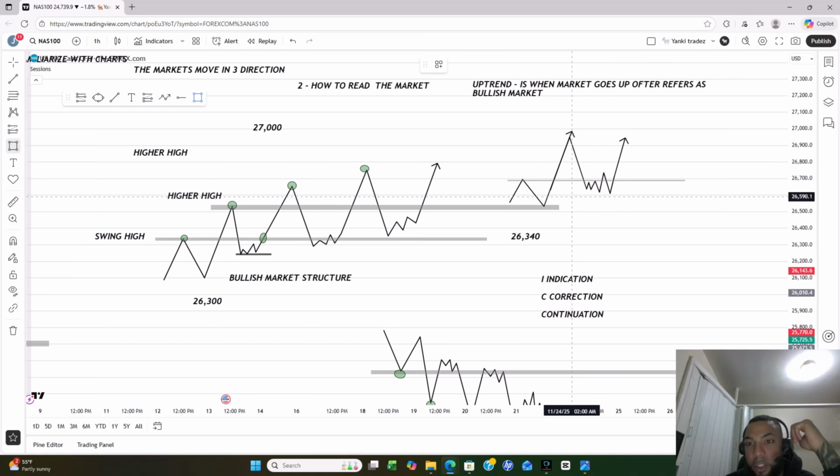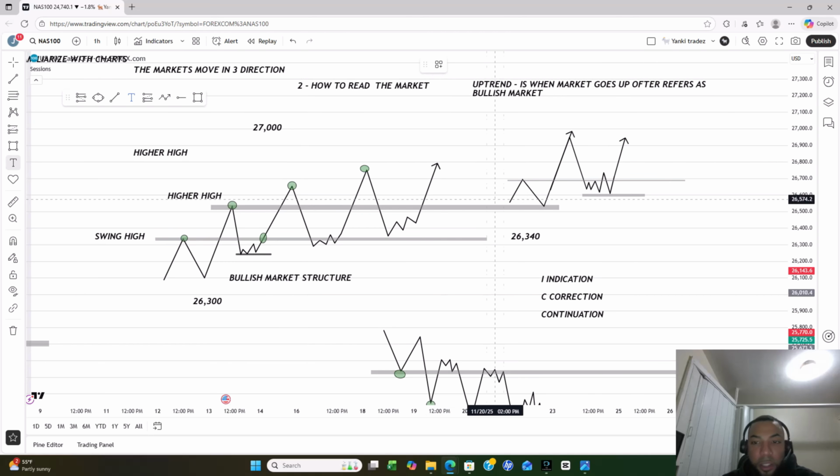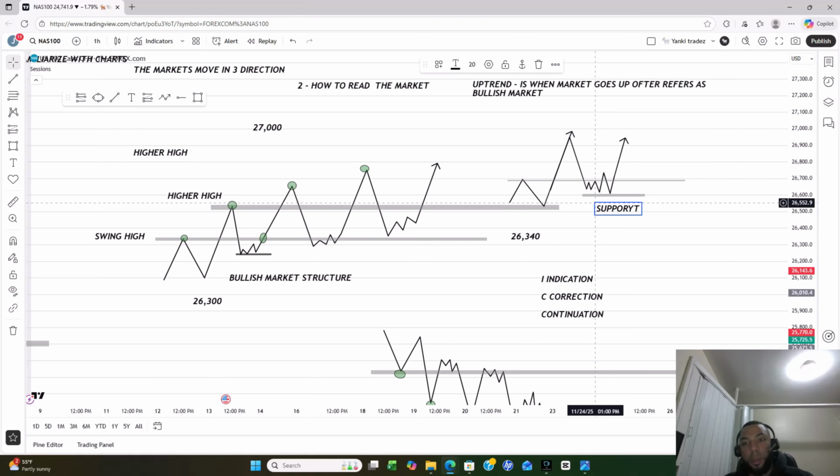This is called support, right? This level, that means that the market is supporting, is moving over here, is creating a structure to go to the upside. And that's called support, right? That means the price doesn't want to break this level over here, doesn't want to go lower than this level.